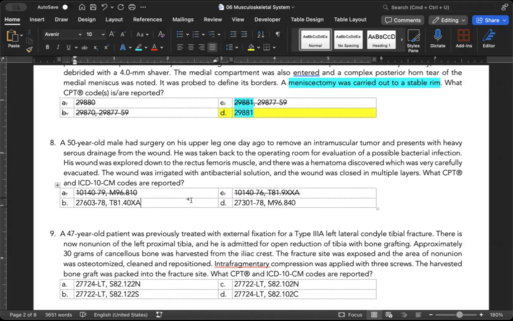So which one is more specific, generic leg or thigh? It says upper leg. Which one is more specific to our scenario, the generic leg or ankle, or 27301, the thigh or knee? It's going to be our thigh.